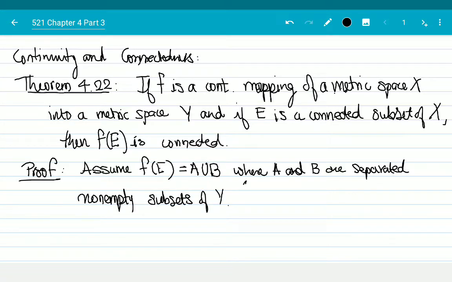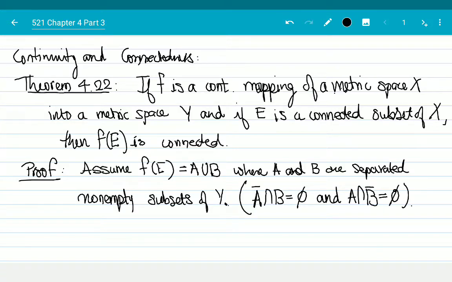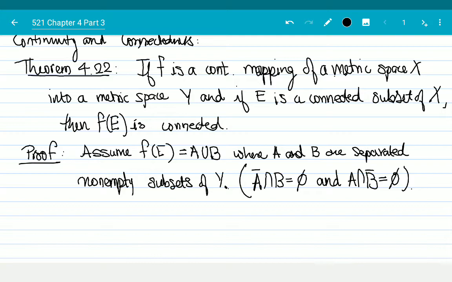Brief reminder, if you don't remember what separated means: A bar intersection B is equal to phi, and A intersection B bar is equal to phi. This does not mean that A bar intersection B bar is phi.